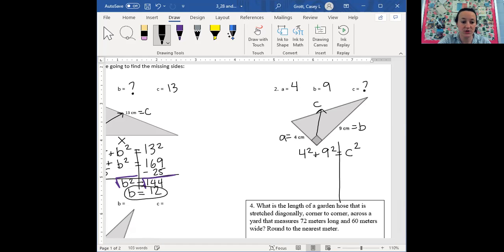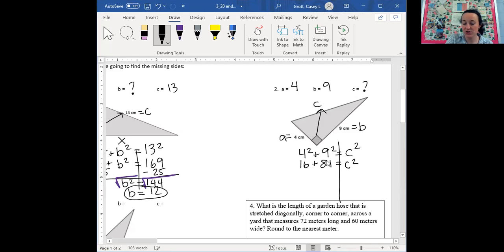4 squared is 4 times 4, which gets me to 16, plus 9 times 9. Your calculator also has this that you can use instead. So 9 squared is going to get me to 81, because 9 times 9 is 81.